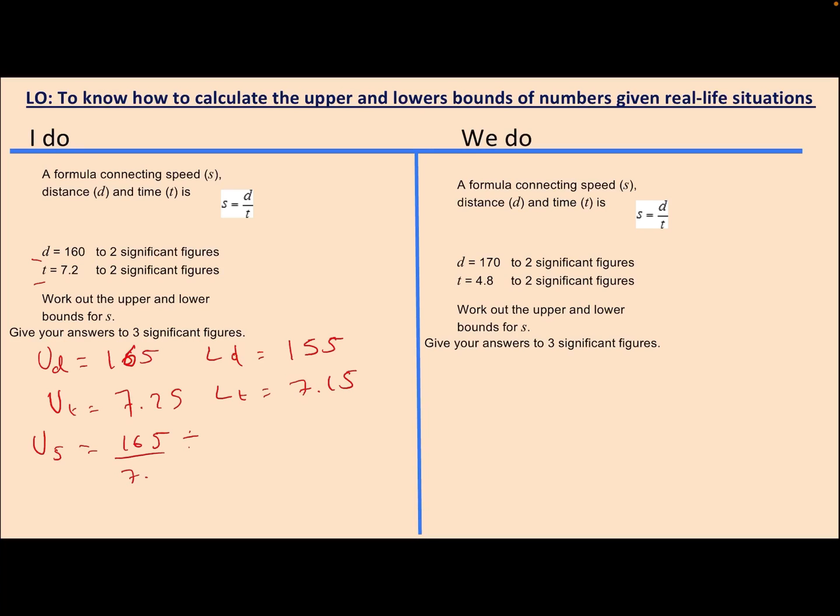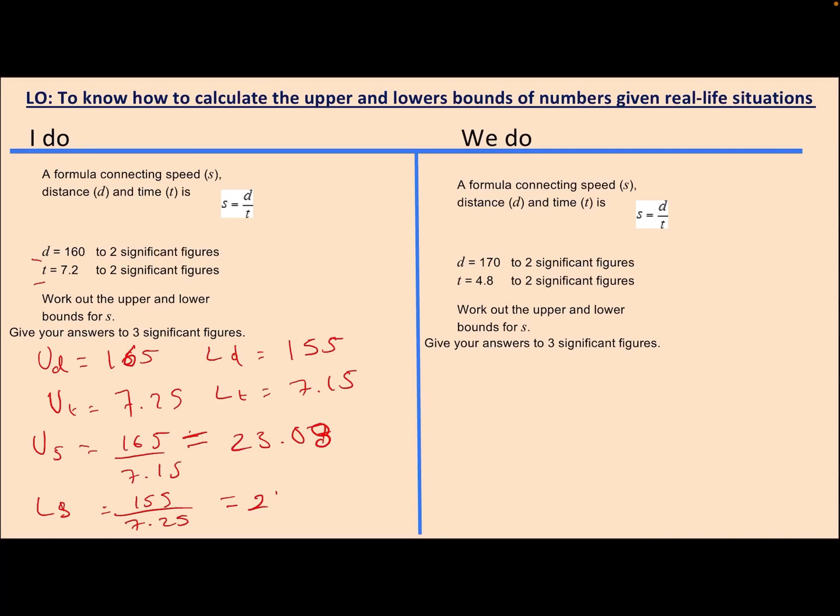And then if we type that into our calculators, we end up getting 23.07, 08. And then for our lower S, we're going to do 155 divided by 7.25.